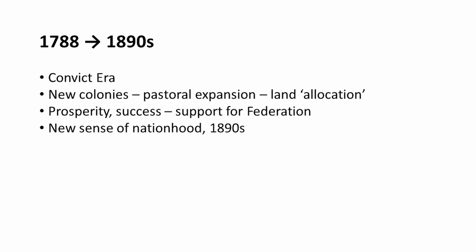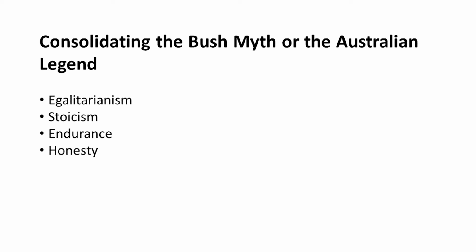It's a legend of egalitarianism where people could fight hard, work hard to become equal, that we would be stoic people, that we would have endurance, and that we would be guided by honesty. Now, some of these things might seem contradictory to that original convict idea, but really it was that idea of the underdog, that we started to see Australians and Australia as a new place.